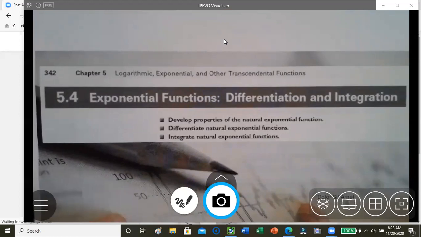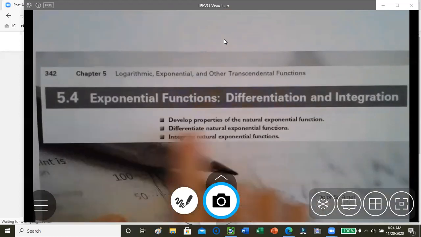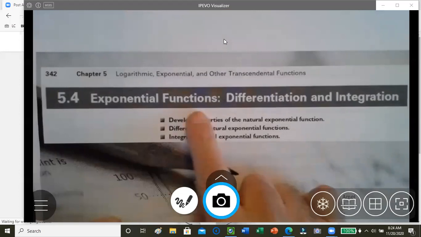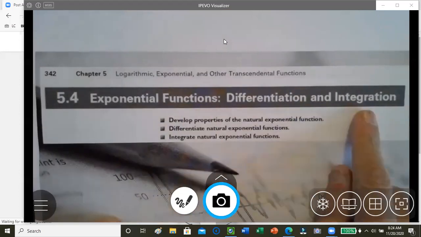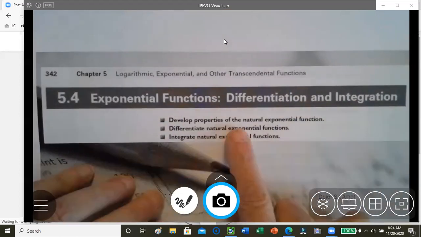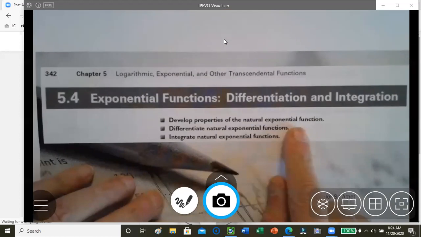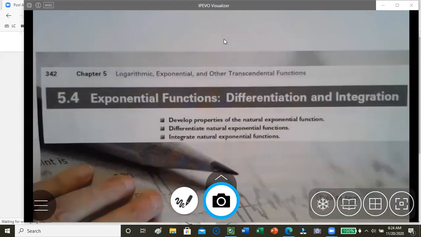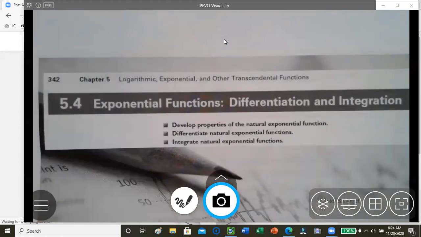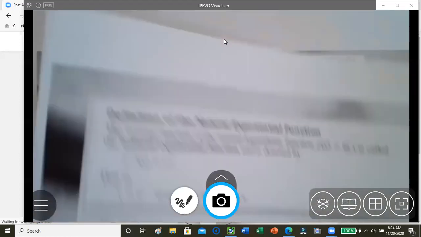Okay, so we're looking at 5.4, exponential functions, differentiation, and integration. Develop properties of the natural exponential function, differentiate natural exponential functions, and integrate natural exponential functions.